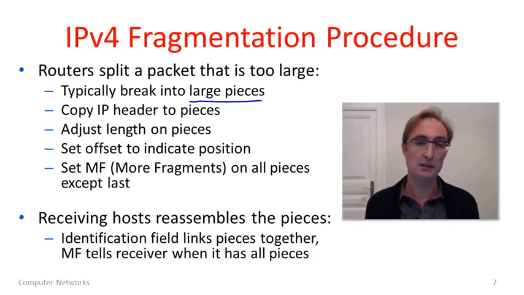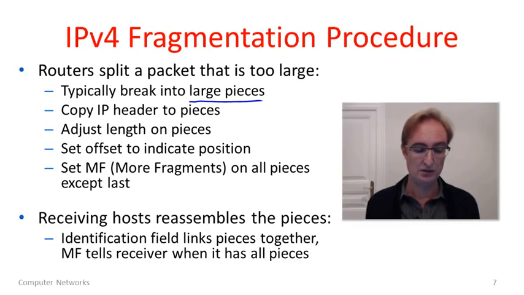You then copy the IP header to all of the different pieces because each different piece needs to be routable through the network, and routers need to have an IP header on packets so they can work out what to do. Then you adjust the length on the pieces so that the length reflects the fragment, not the overall packet. You set an offset in the fragment offset field to indicate the position of this fragment in the overall packet, so we'll know how to put them together.